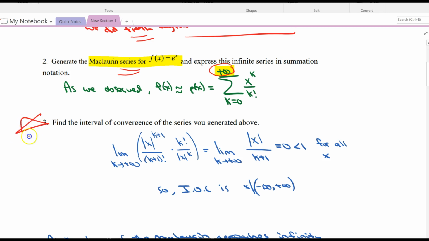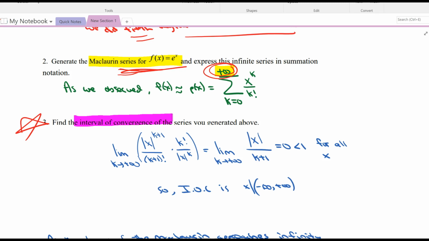Okay, here's where we are. This is what's new for us. Well, actually, this was new for us too, the idea of a Maclaurin series. Now that we have an infinite series, we can ask this question: find the interval of convergence. There is no question about convergence of a series if it's not infinite. Let me say that again.